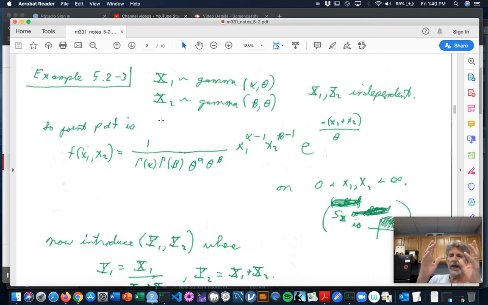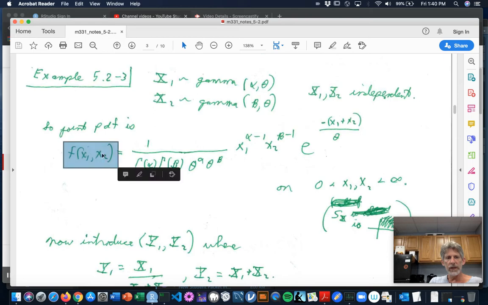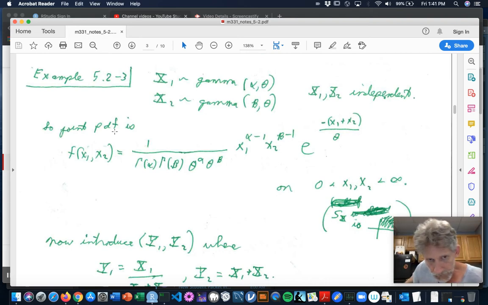So you can stick them together to make a bivariate scenario. And because x1 and x2 are supposed to be independent, the joint PDF is just going to be the product of the PDFs for x1 and x2 multiplied together. And now we've memorized what a gamma PDF looks like.